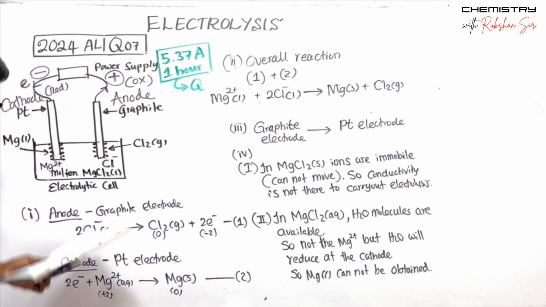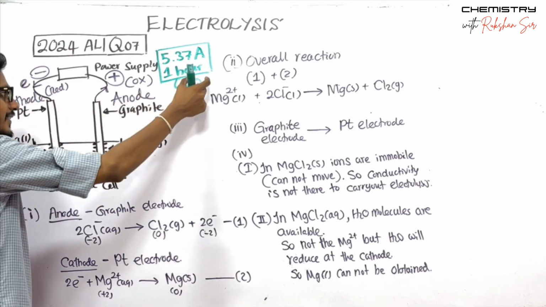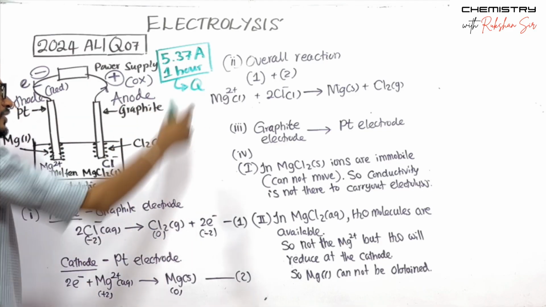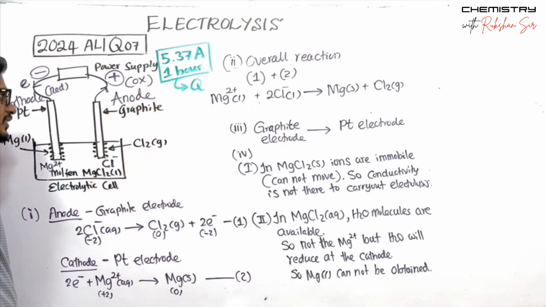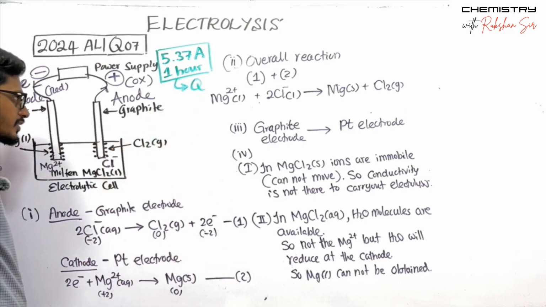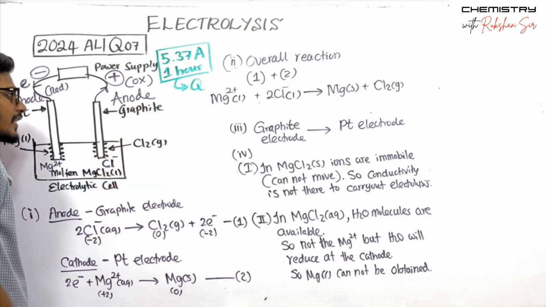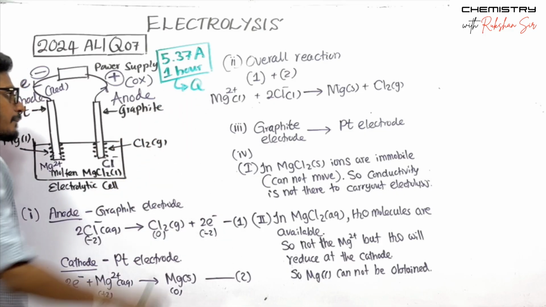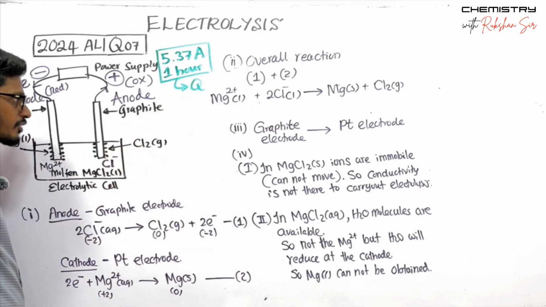Right? So what can we do? As charge is given, Q is equal to IT. With the use of these two data, you can compute the charge. As charge is given, with the use of Q equals nF, you can compute the number of moles of electrons. By dividing this Q value by 96,500, you can compute the number of moles of electrons.